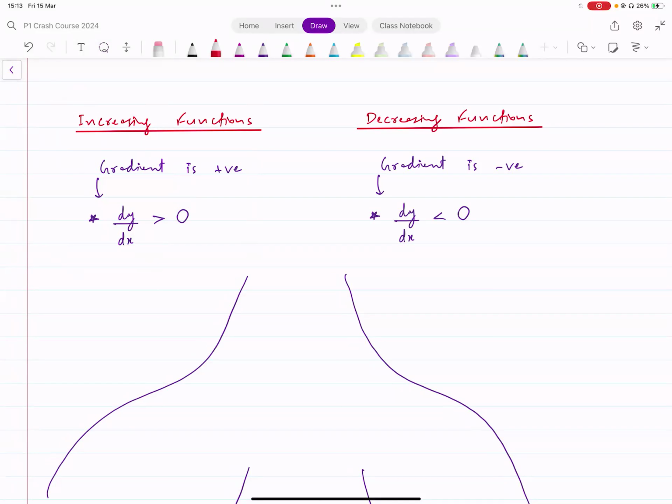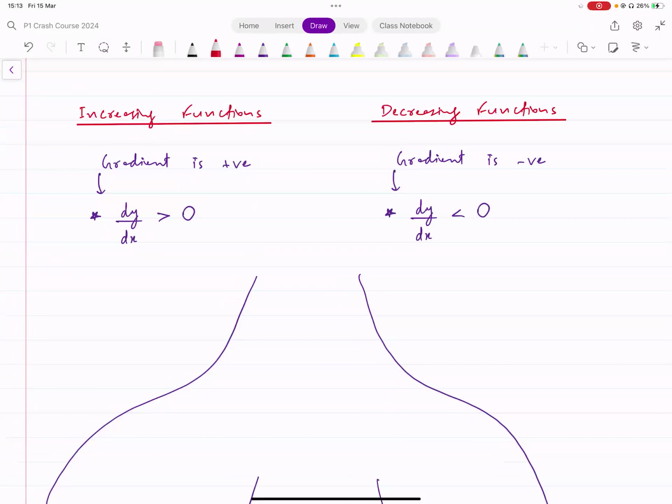Okay, so that's the connection or relation of increasing and decreasing functions with differentiation. That's why we study this in differentiation, because when we have an increasing function, we can say the derivative should be positive. When we have a decreasing function, we can say the derivative should be negative.